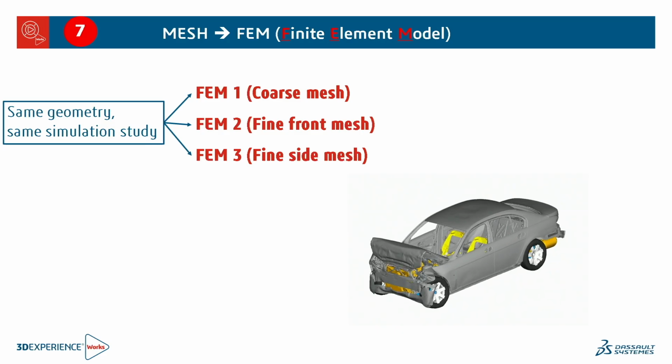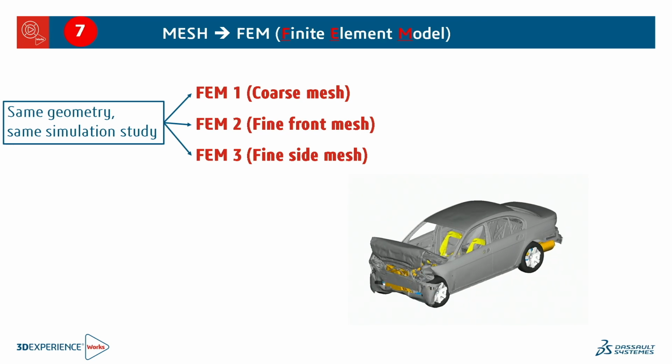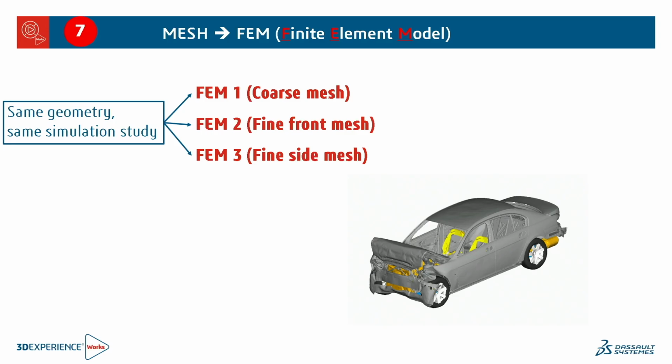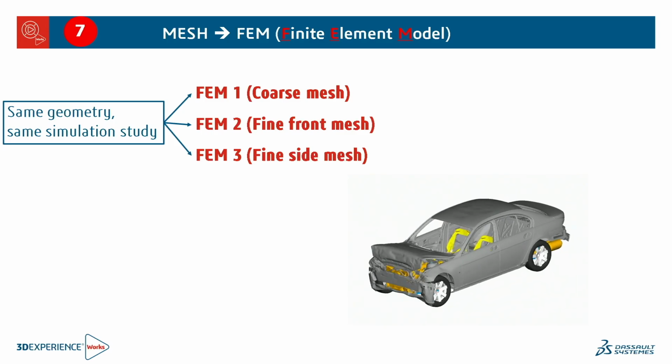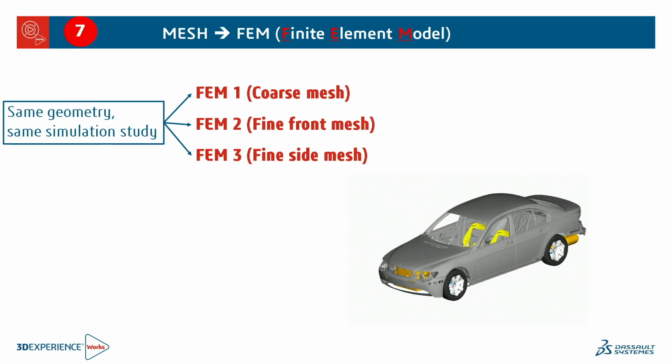And the modular setup that I explained earlier, model, scenario, results, right? Having 3 different apps is what enables us to have multiple FEMs, and so multiple mesh refinement and multiple studies within the same study.